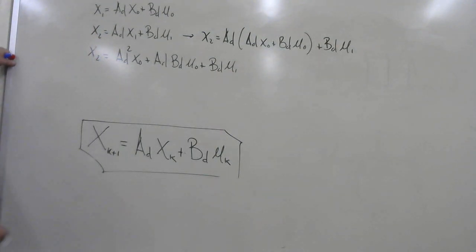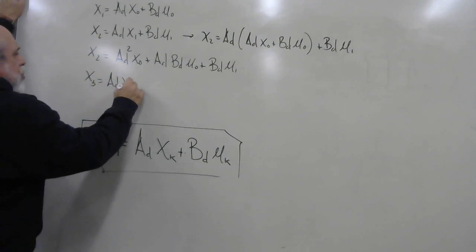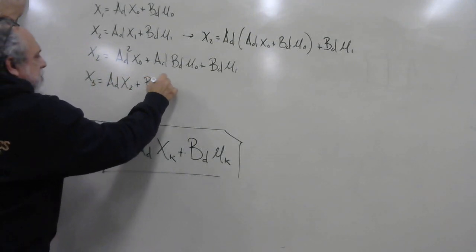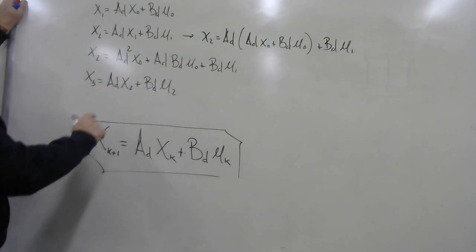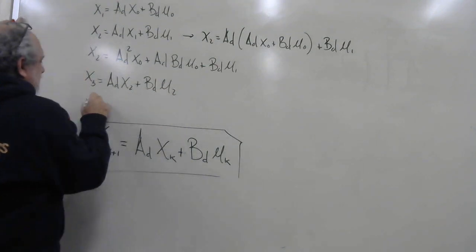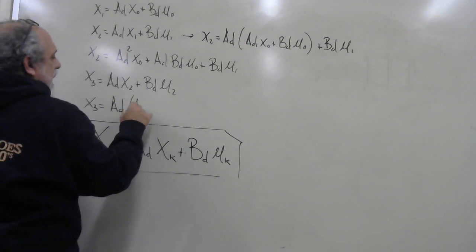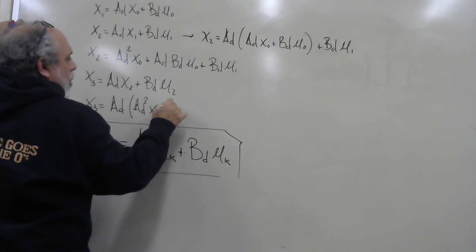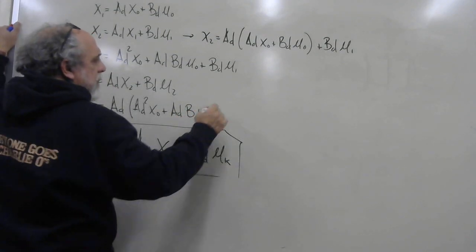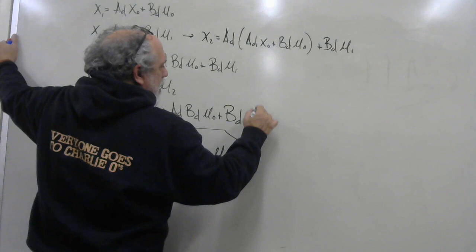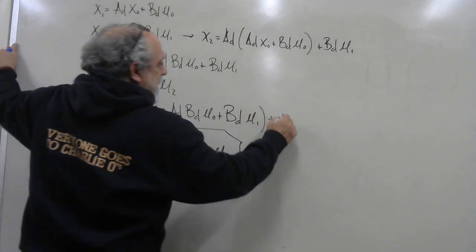And then we would say that x3 is equal to AD times x2 plus BD times u2. Once again, we already know what x2 is, so x3 is equal to AD, open parentheses, AD squared x0 plus AD BD u0 plus BD u1, plus what? Plus BD u2, right?